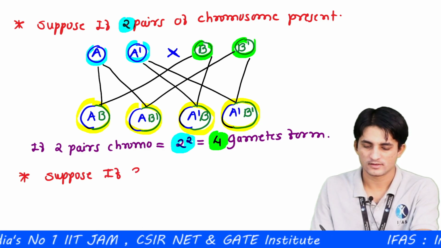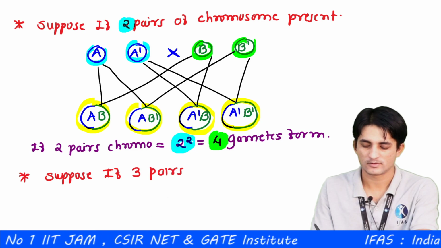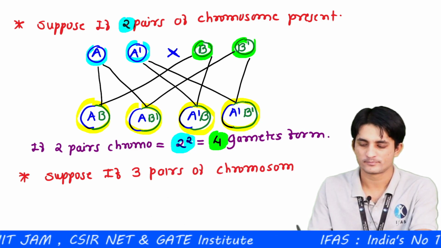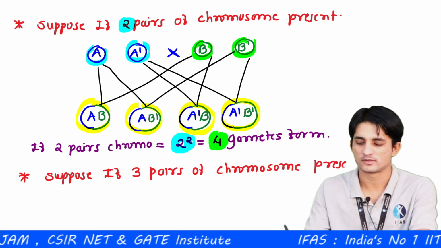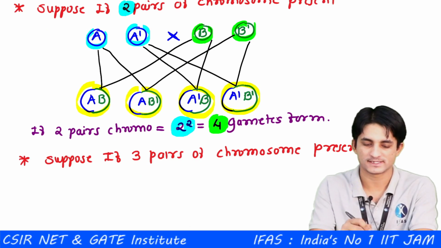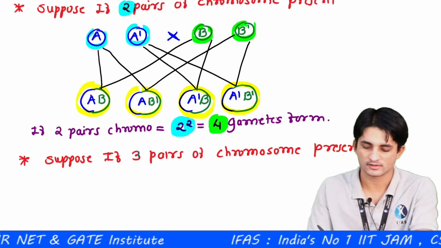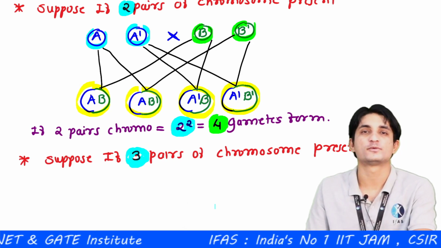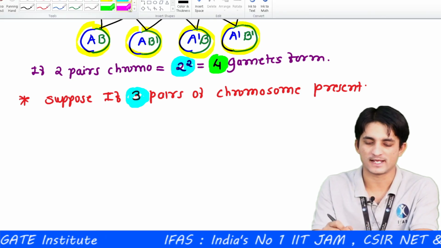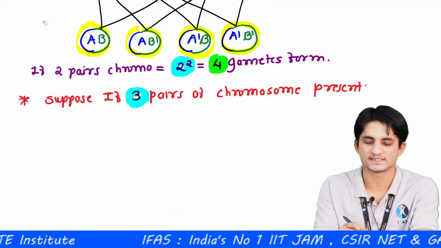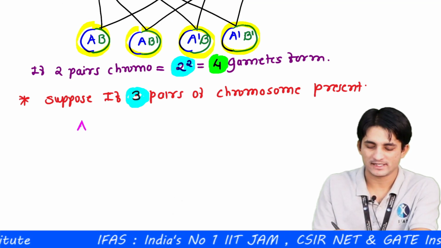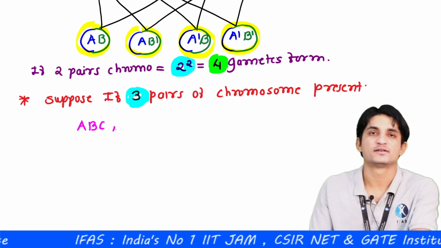3 pairs of chromosomes present. If 3 pairs of chromosomes are present, then which gametes will be formed? I will write directly, you just remember this. If 3 pairs, then the first gamete that can be formed is ABC, correct?